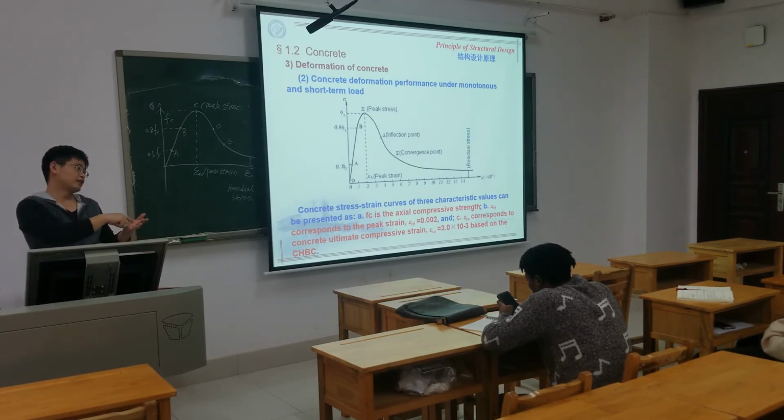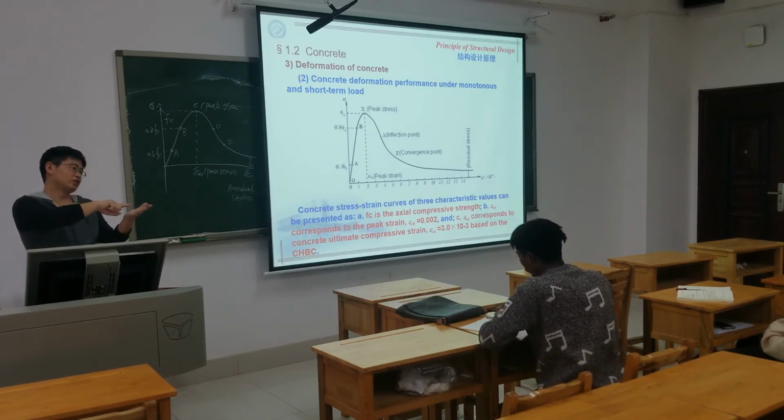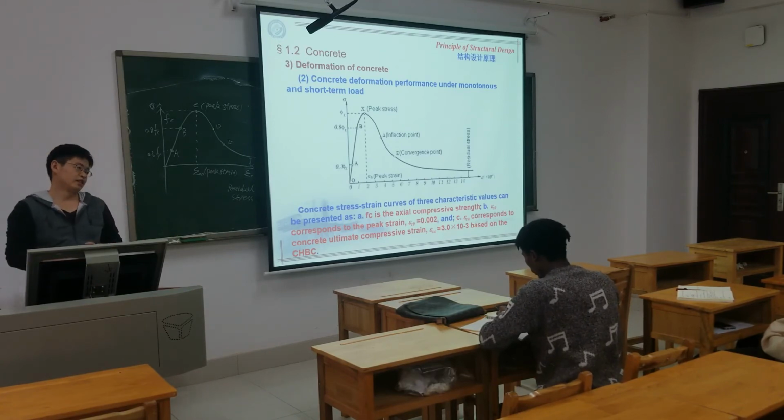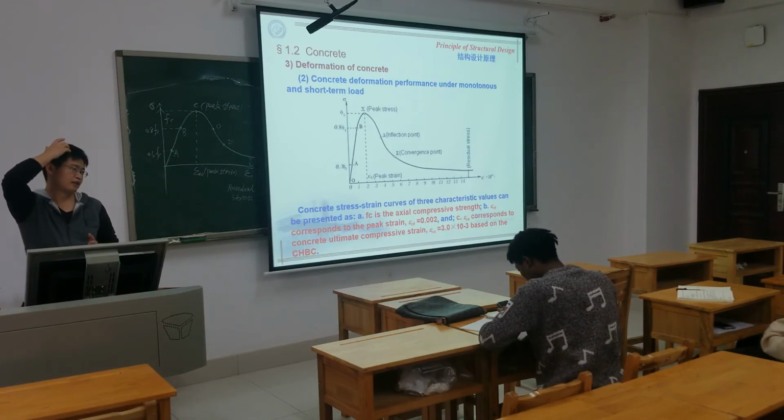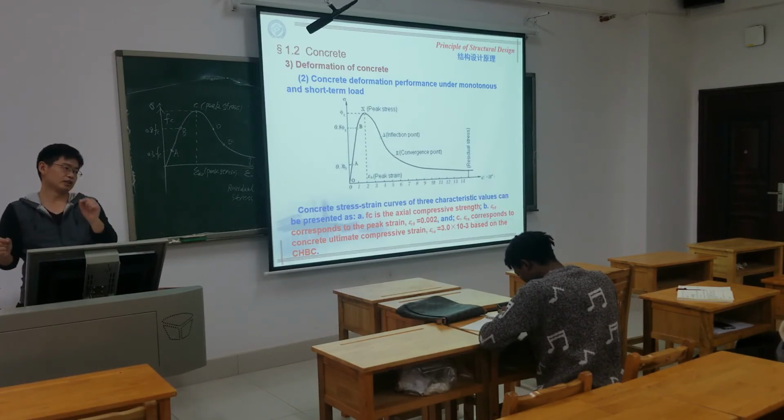That's the elastic material. But here the relation is gradually changed. It's not a straight line. It works like the plastics. So the relation between the stress and strain, the ratio, is changing.